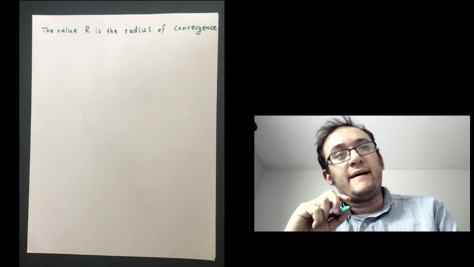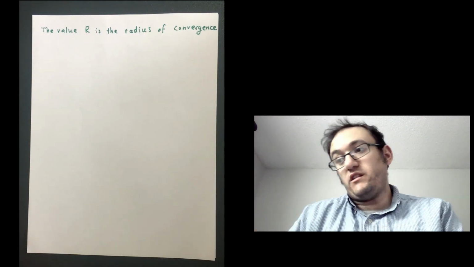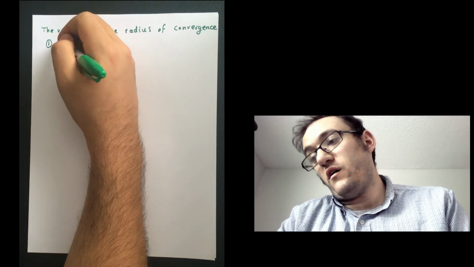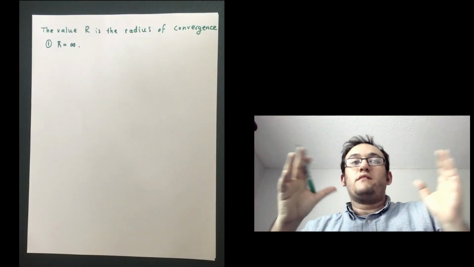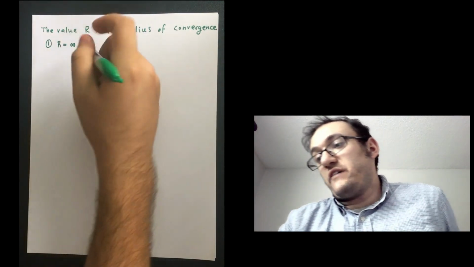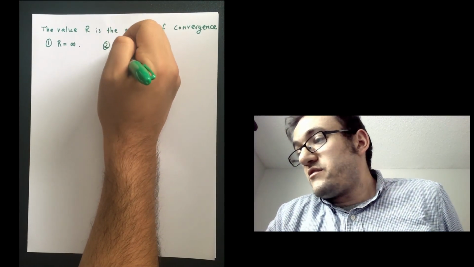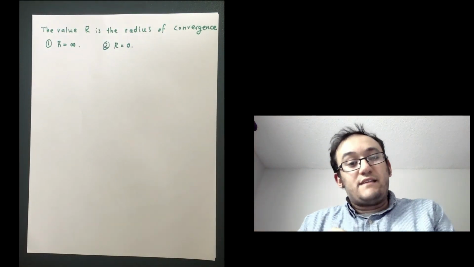Okay, and obviously in case 3 there's a very clear r. But in case 1, we say that r equals infinity because it's an infinite interval of values of x where the series converges. And for the other case, we have r equals 0 because it's only convergent at that single point.